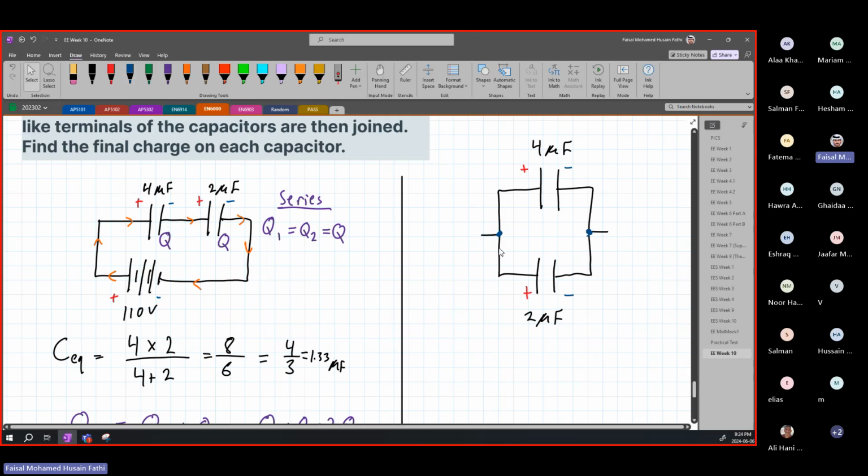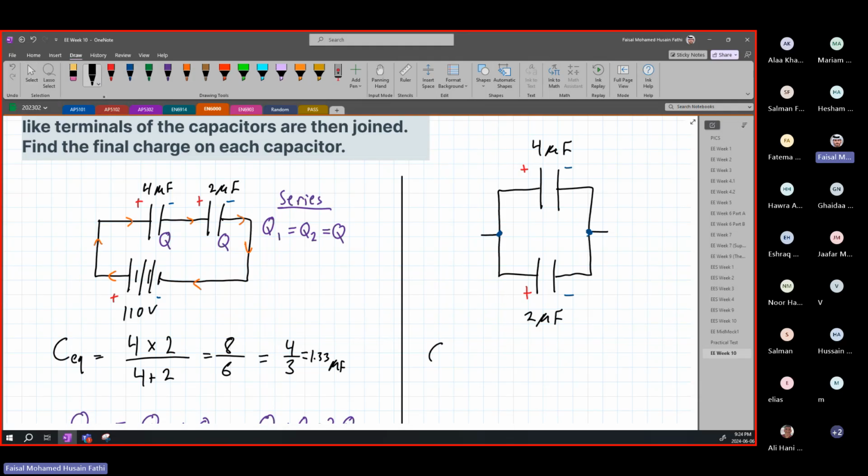You have 2 points where they are connected together. So our rule for C equivalent now is equal to 4 plus 2, which is 6 microfarads, because this is a parallel connection.